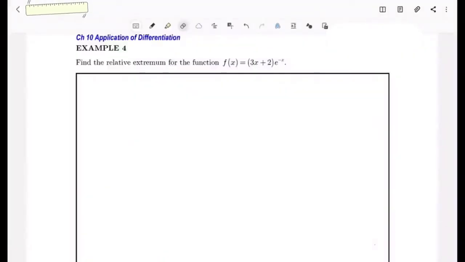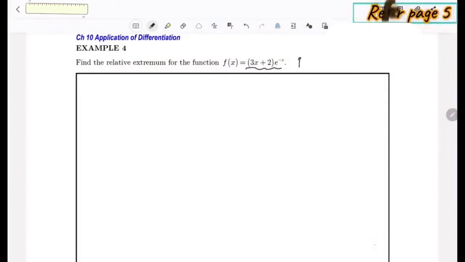Let's look at the second example for the first derivative test. If you look here, this is in product form, so we need to use the product rule. We're going to let u be 3x plus 2, so u prime is 3. v is e to the negative x, so v prime is negative e to the negative x.